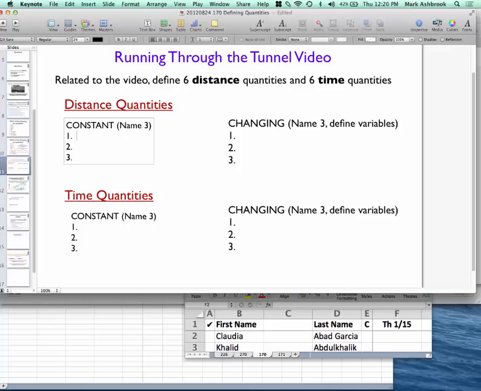Nada. Okay, how about a constant distance quantity, Nada? Distance between the beginning of the tunnel and the end. Distance from the start of the tunnel to the end. Okay. How'd she do? Does she need a unit on this?